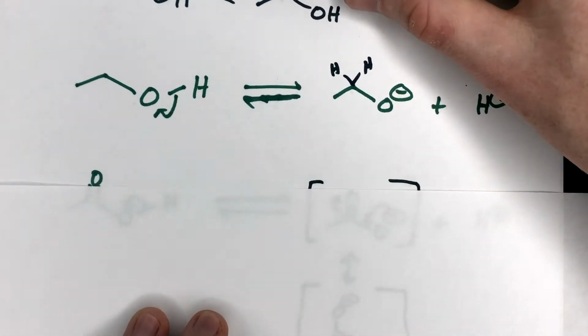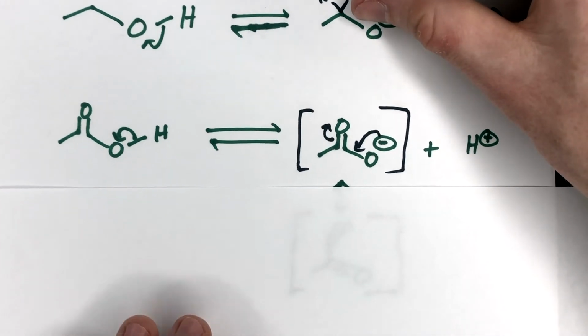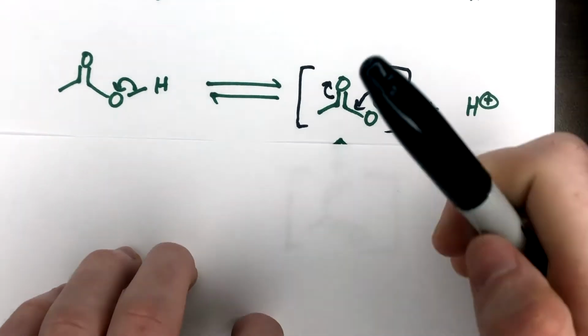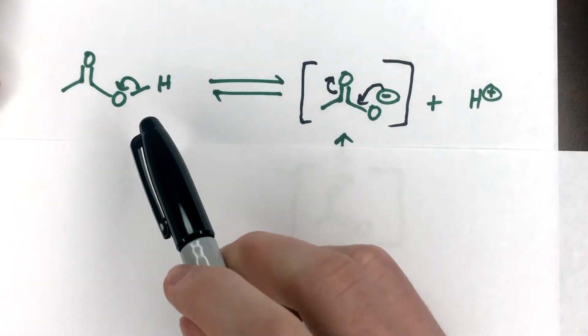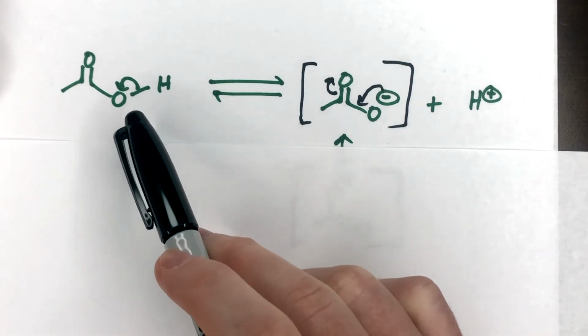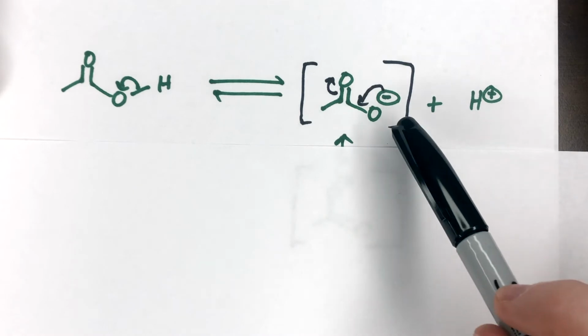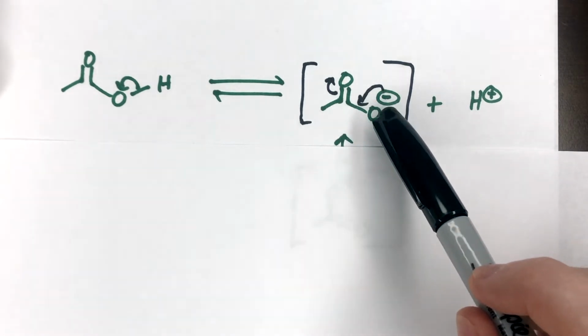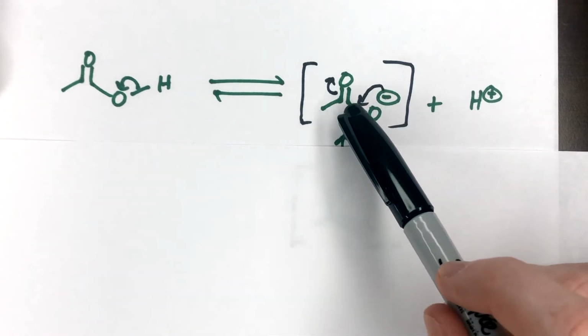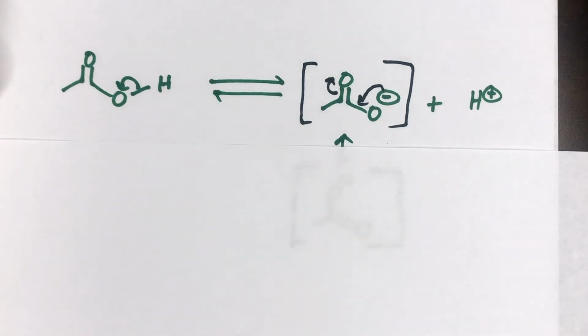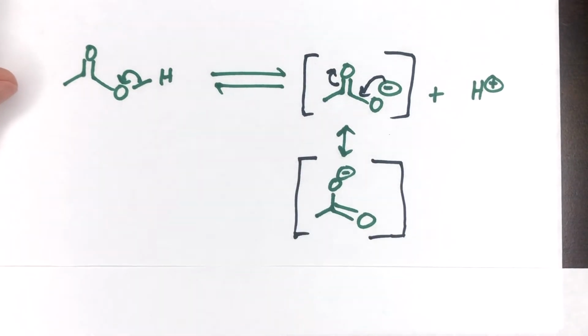But this is not the case for acetic acid. If we do the same thing with acetic acid and we lose the proton of the OH bond, then we'll put the negative charge here on this oxygen. But now again, we have this possibility to move these electrons down to form a carbon-carbon double bond, and then we can delocalize the electrons up to the oxygen and get this resonance structure.